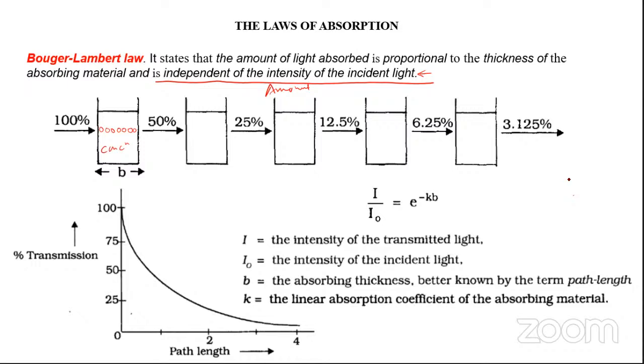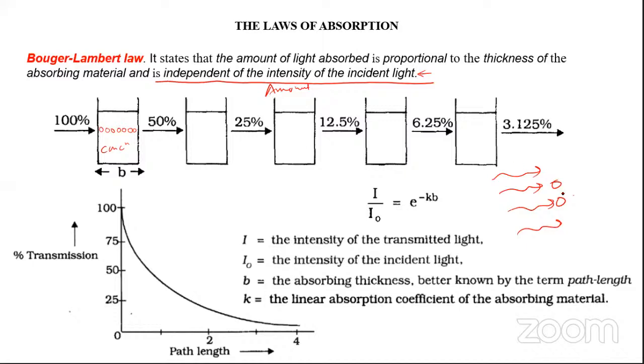Okay, let me put it like this now, because I was able to convince a few of you, but not all, as I can see. We first understood how an increase in concentration can increase the number of absorption events.